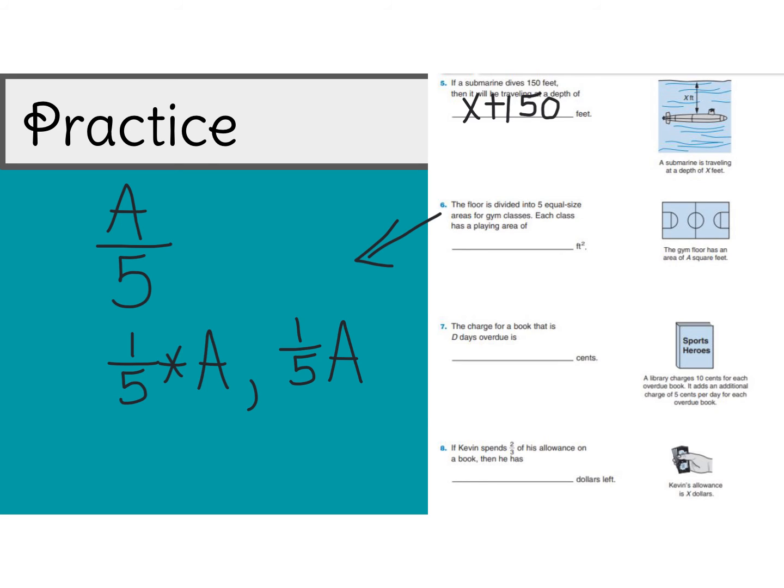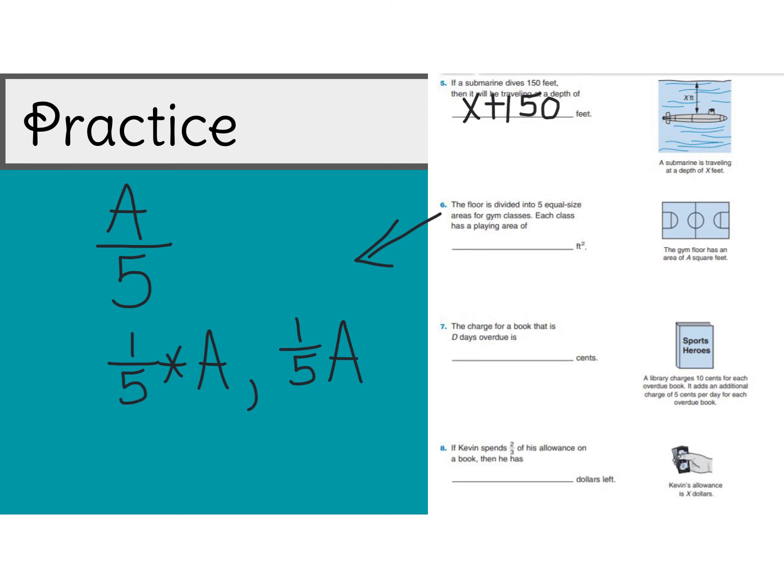Let's look at number 7. The charge for a book that is D days overdue is blank cents. So if we look over here, it says a library charges 10 cents for each overdue book. It adds an additional charge of 5 cents per day for each overdue book.